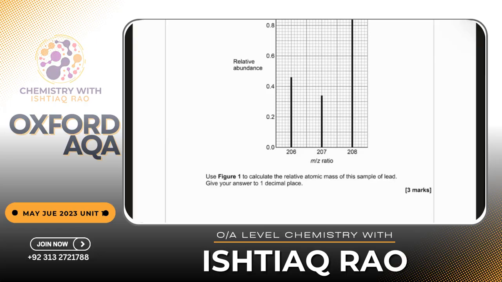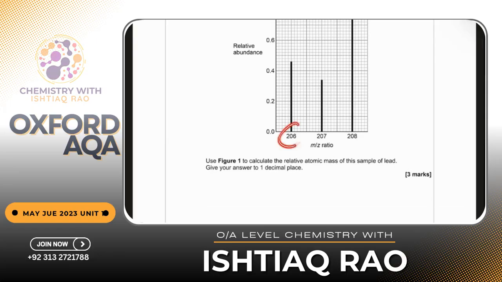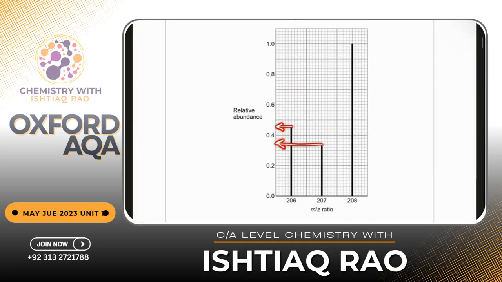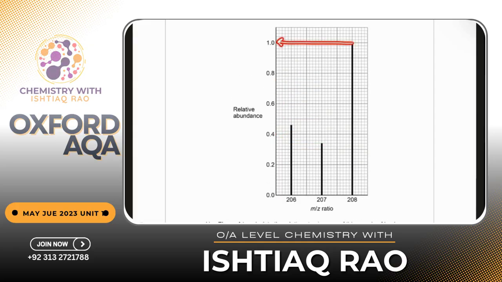Let's say I have a peak at 206, a peak at 207, and a peak at 208. The abundances are also given, and I have to see them by extrapolating the line. Afterwards, I'm supposed to multiply these and I would be getting the final answer.